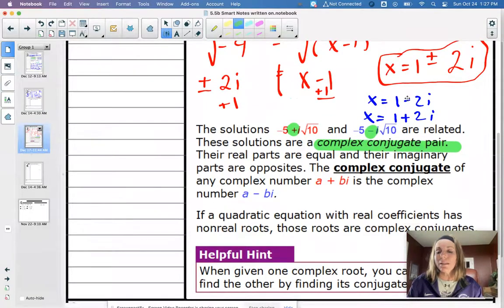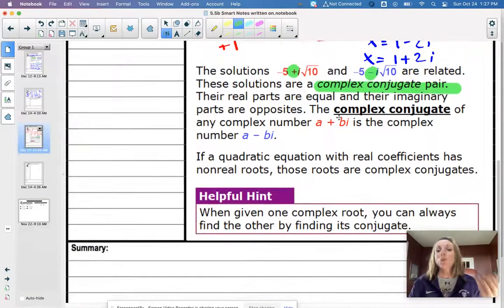The plus or minus, that's what's different between these two answers. That's what's generating 2 roots. Their real parts are equal, -5, and their imaginary parts are opposite. i root 10, negative i root 10. Or imaginary part, I should say, is root 10, negative root 10.